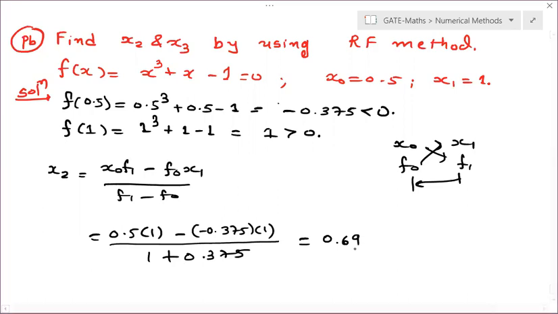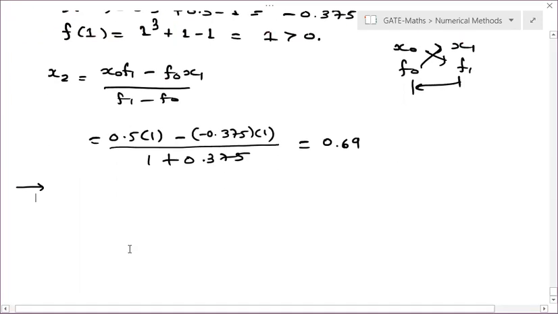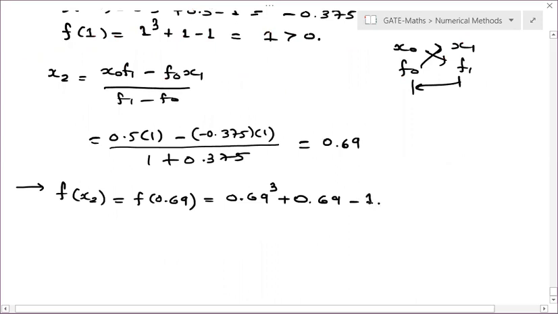Now you have to find x3. To find x3, first you need to determine whether f of x2 is negative or positive. So f of x2, that is f of 0.69, is 0.69 cube plus 0.69 minus 1.